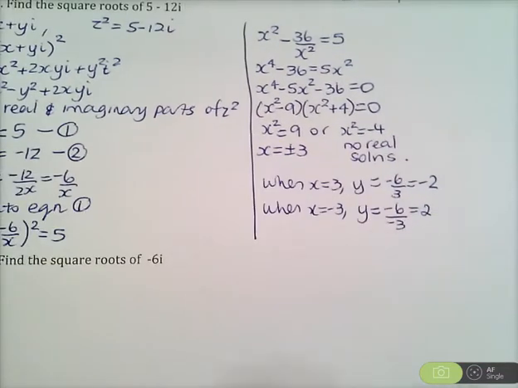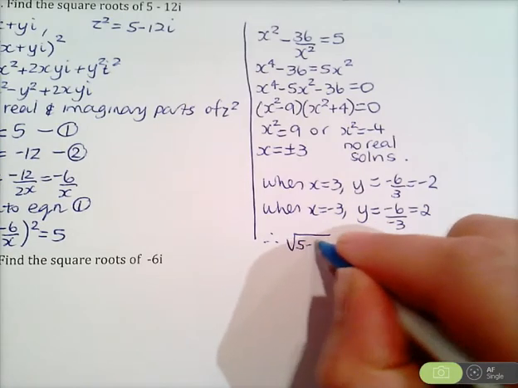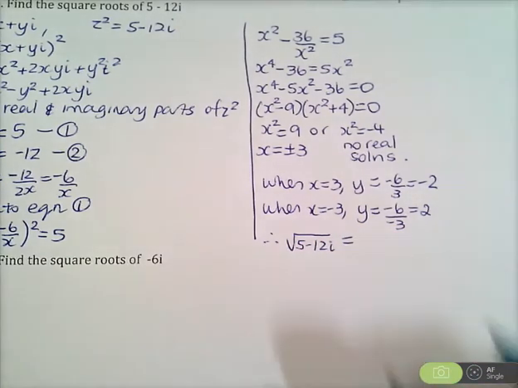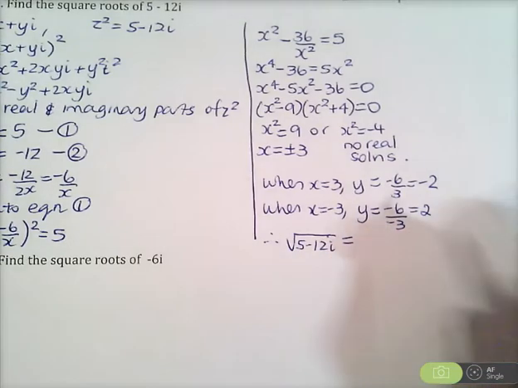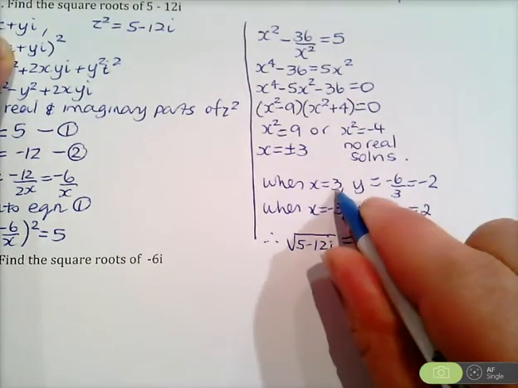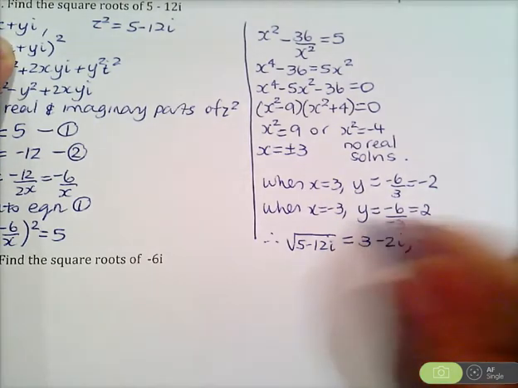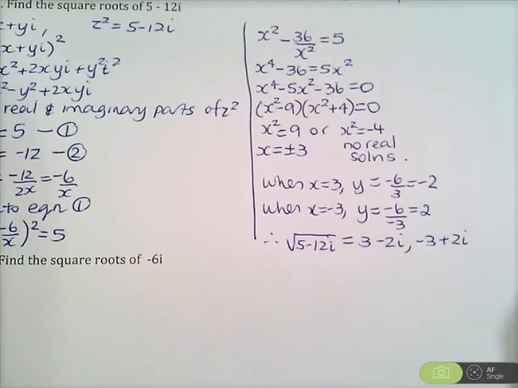And so therefore, the square roots of 5 minus 12i will be your x plus yi. So we get 3 minus 2i, and -3 plus 2i. Okay?